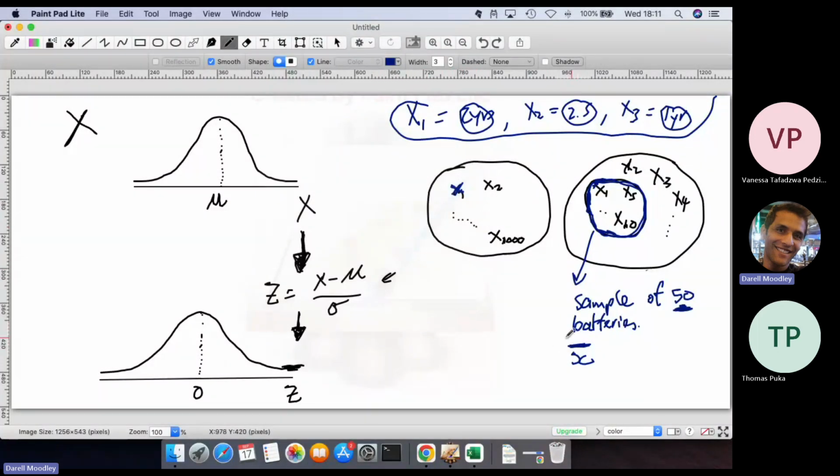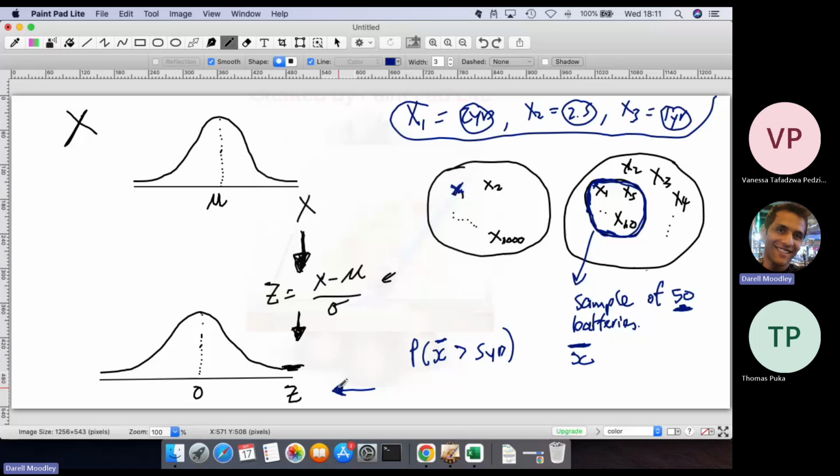Now, if we're talking about the average of the sample, and we want to know probabilities for it, for instance, what is the chance that the average lifetime of the sample is greater than some value, say 5 years, we need to use the same distribution here to find it. We need to use the Z distribution.